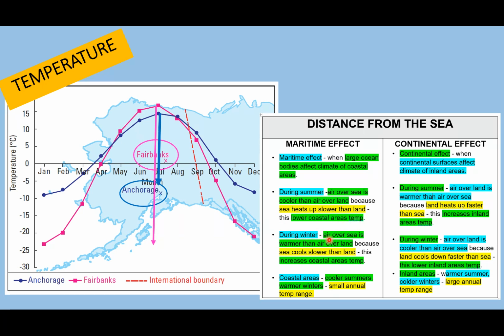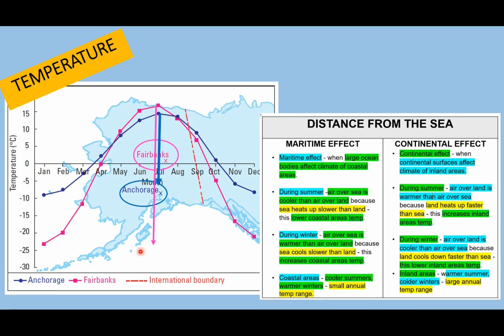During winter, air over sea is warmer than air over land because sea cools slower than land. This increases coastal areas' temperature. So coastal areas have cooler summers, warmer winters and a small annual temperature range.